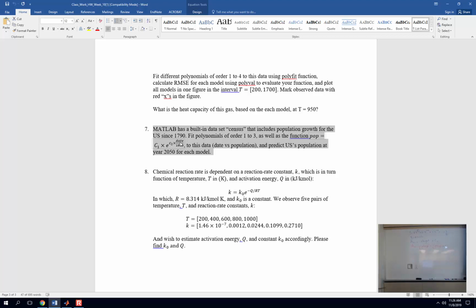So you're going to have 4 models: polynomial of order 1, order 2, order 3, and this model. Polynomials are easy, so let's set them aside. Let's use this model: population is equal to C1 times exponential of C2 date divided by 1800. Find C1 and C2, and estimate the population of the US at year 2050.